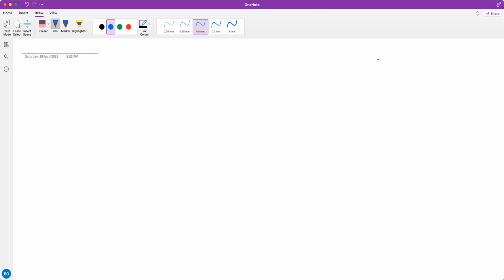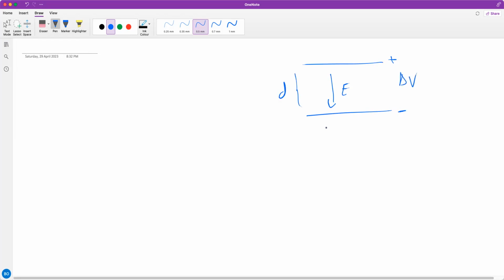You are referring to a capacitor, let's say this is positive and this is negative, and you have an electric field, and a distance D, and a potential difference delta V. You are saying that E is equal to delta V over D, right? Yes. But this is a constant electric field.